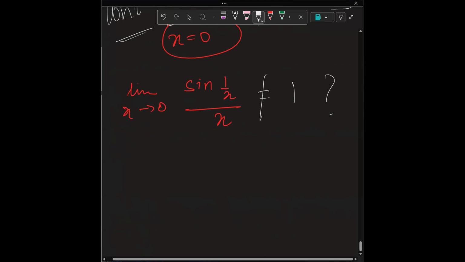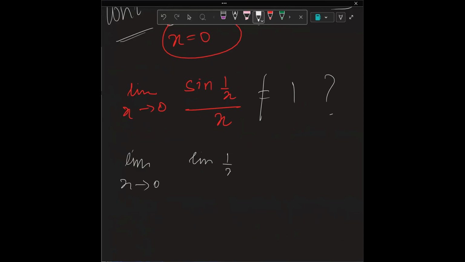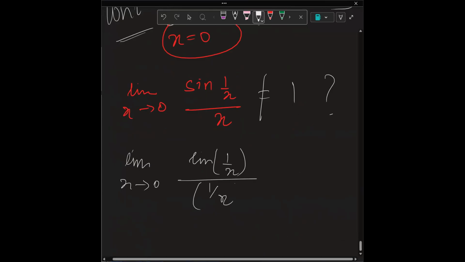So when can this be equal to 1? When our limit is equals to 1, sine 1 over x. So this is your theta, no? And we need theta in the denominator as well, 1 over x. So now tell me, is this equals to 1 or not?